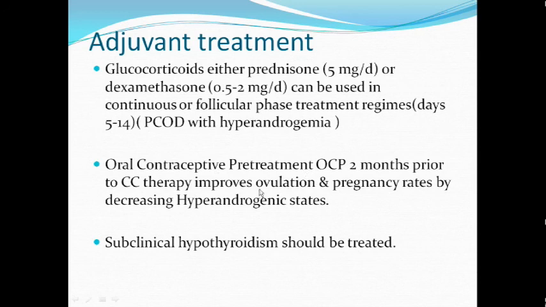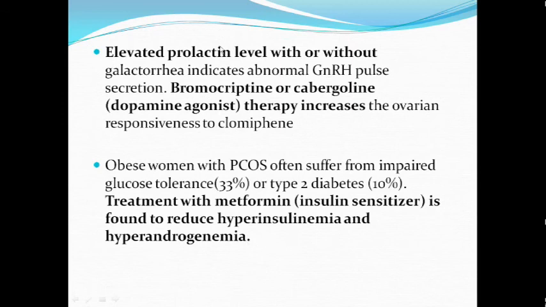This improves the ovulation and pregnancy rate by decreasing hyperandrogenemia. If there is hypothyroidism, you should treat it. If the prolactin level is high, you should start with cabergoline or bromocriptine. This will increase the ovarian responsiveness to clomiphene.